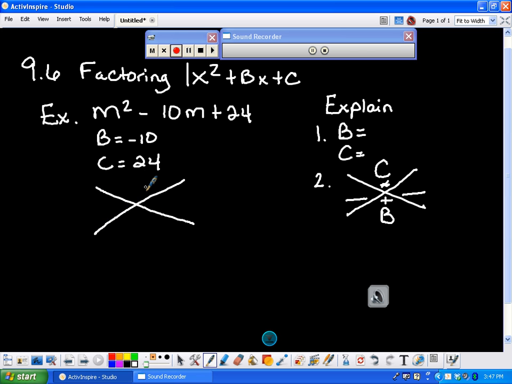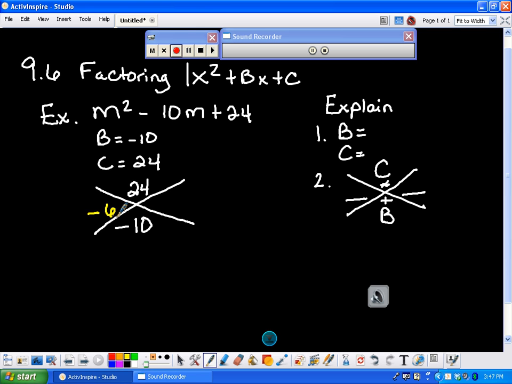My c factor is 24. And we have negative 10. So when I think of all the factors of 24, I know that 6 times 4 would give me 24, and if it was negative 6 and negative 4, that would give me negative 10.